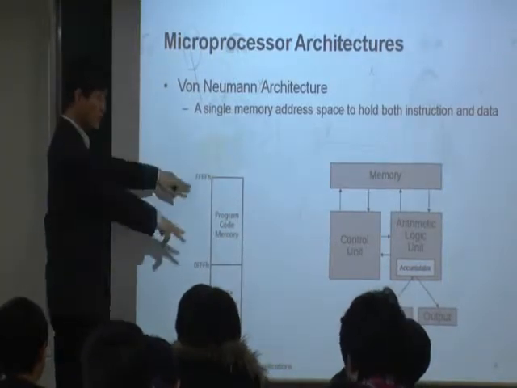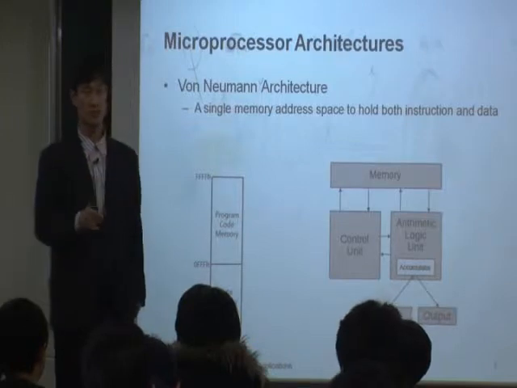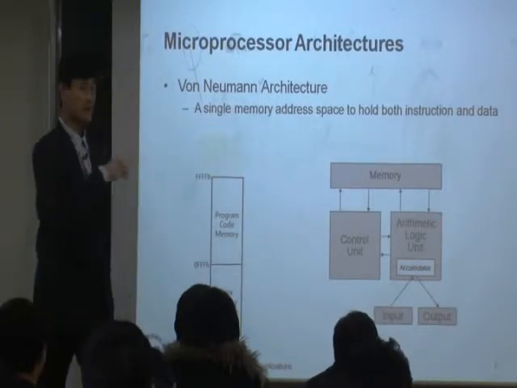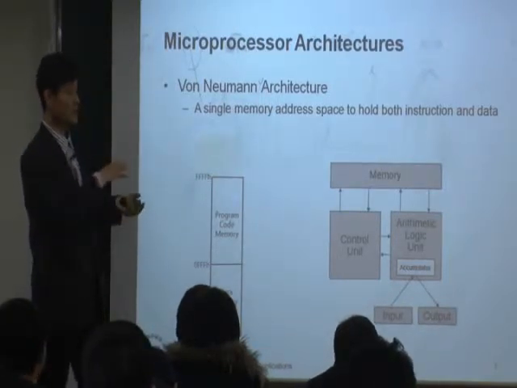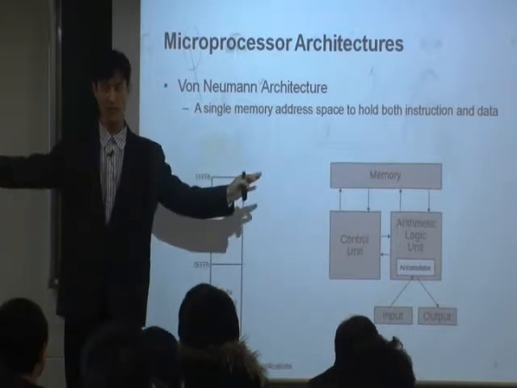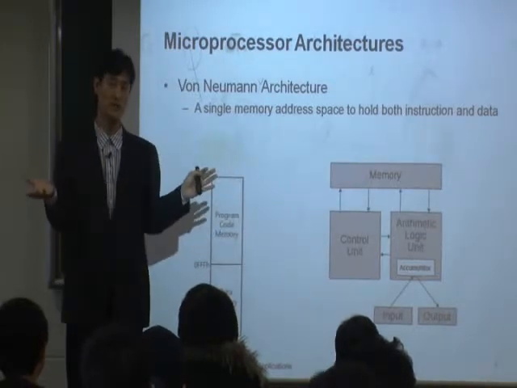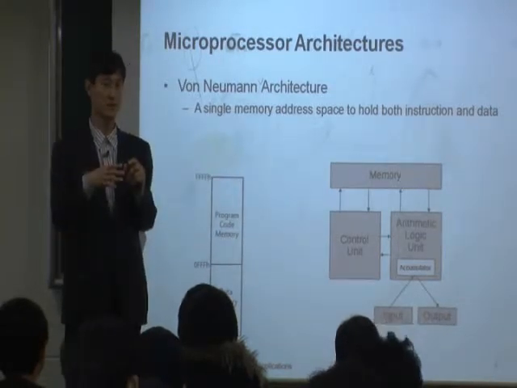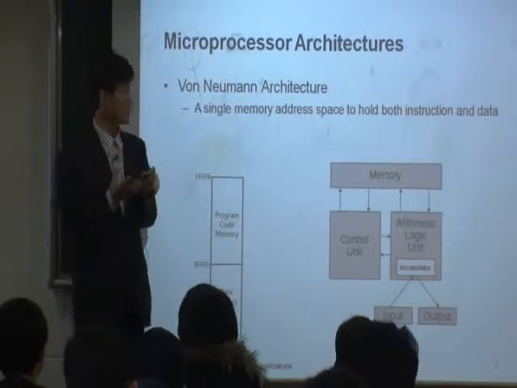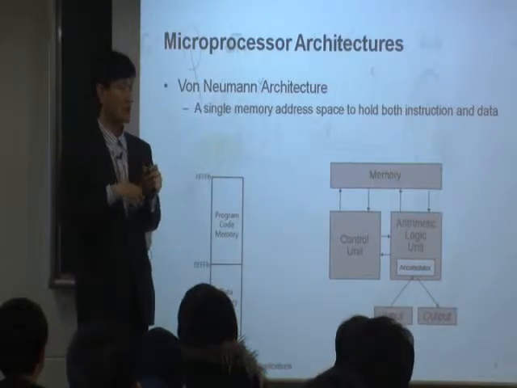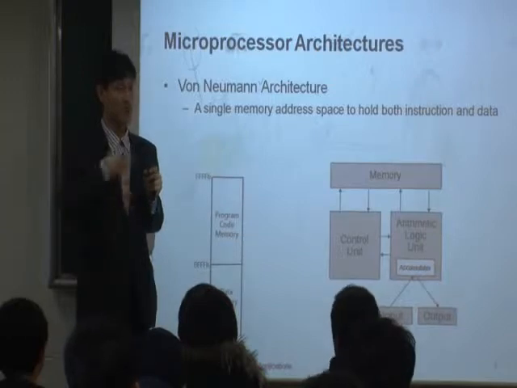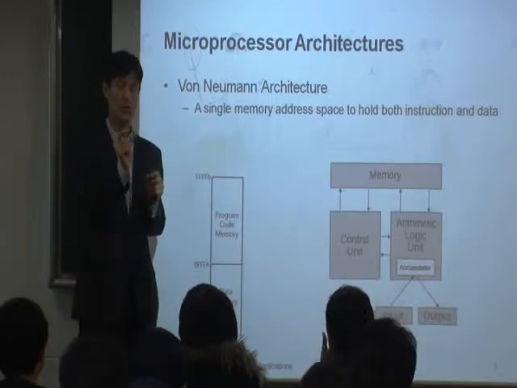You cannot access two at the same time. We have only one bus. So the difference is that in Harvard architecture, you can access two memories at the same time, so it's maybe faster. Performance. What is performance? Performance basically means how many instructions you can execute within a certain unit time.